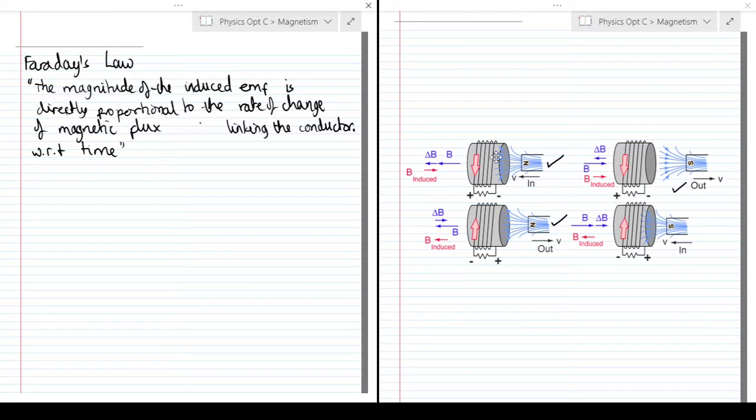It's four separate diagrams here. If I look at the first diagram, I have a solenoid, not really a coil of wire, let's say a solenoid, and there is a load connected to it.